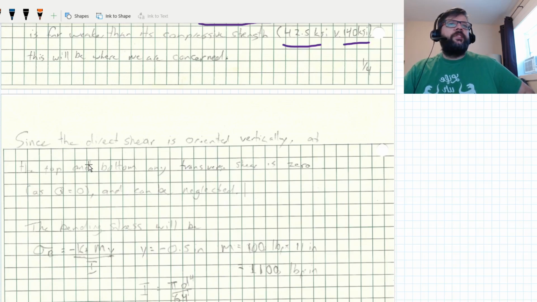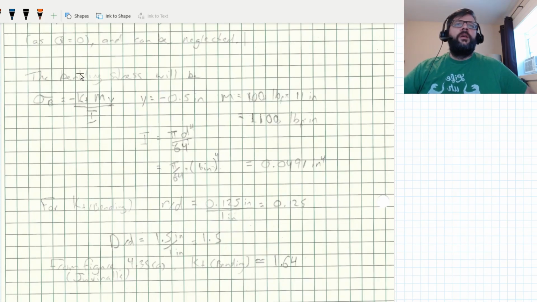The bending stress is going to be equal to negative Kt My over I. So again, we're used to the My over I. We're throwing in the Kt there as well. We are worried about what our stress concentration factor is because this is a brittle material.